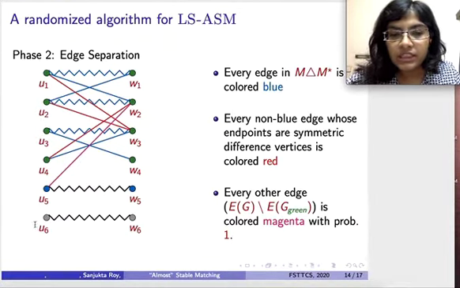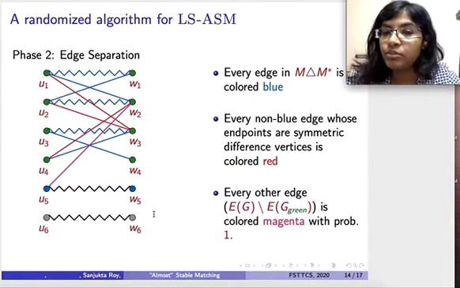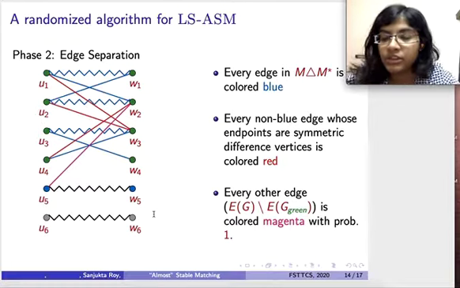Here these vertices will also be colored in the vertex separation phase, but I have kept them gray because we don't know how they will be colored, because every vertex was colored green or blue in the first vertex separation phase.